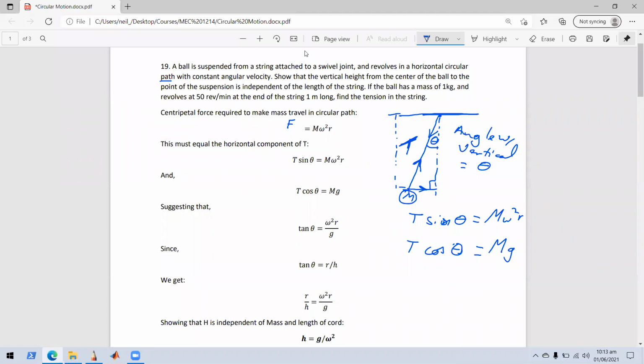Very good. Now using these two, we can easily find some formula that says that height is independent of mass of the ball or length of the string or radius of rotation or anything like that. How we do that is just by manipulating these two formulas that we created here.